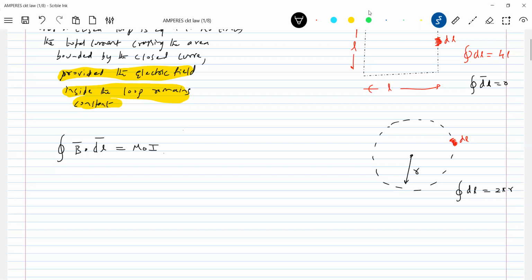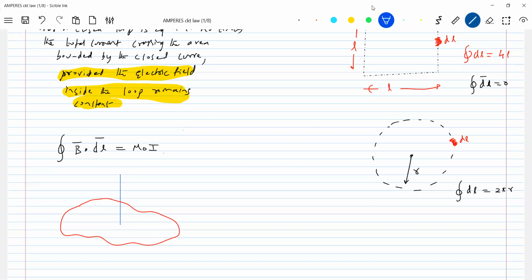So let me introduce this curve. Let me take it in red color, and let this be the current carrying wire. Let I be the current.